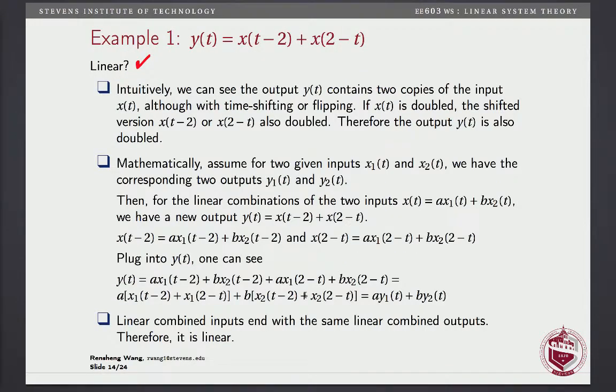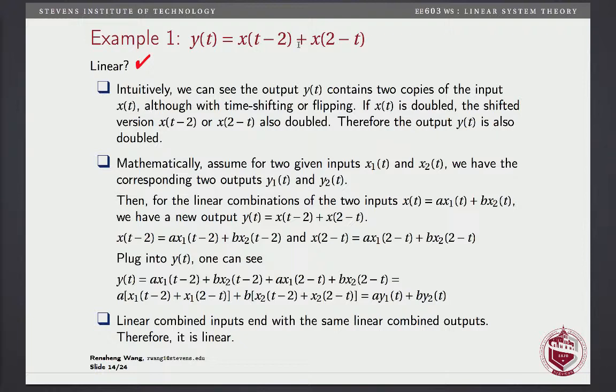Now let's take two specific examples to demonstrate how to mathematically prove a system has different properties. The first one is linearity. When I say the function y(t) equals x(t minus 2) plus x(2 minus t), I can say definitely this is linear.